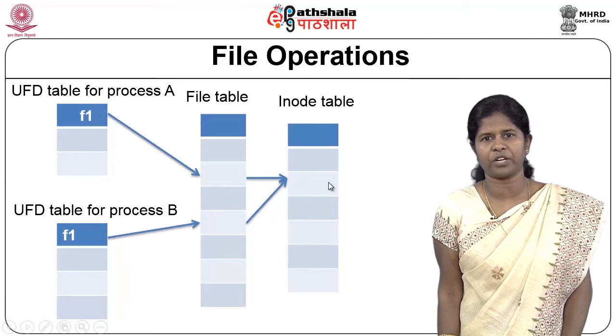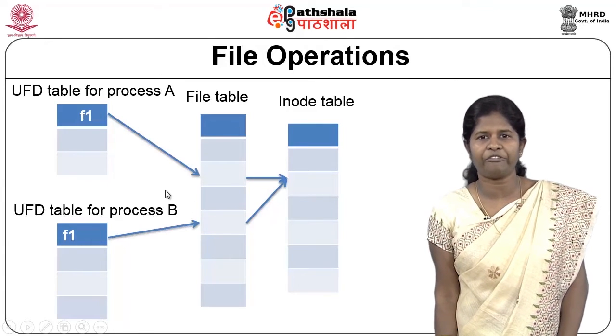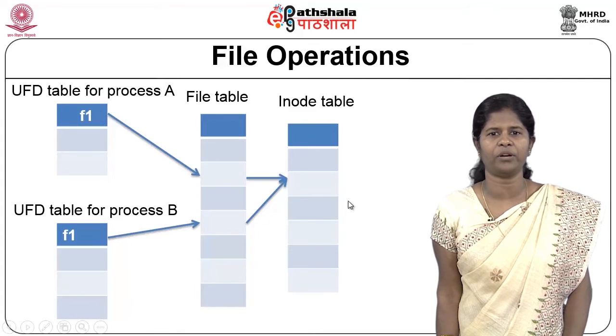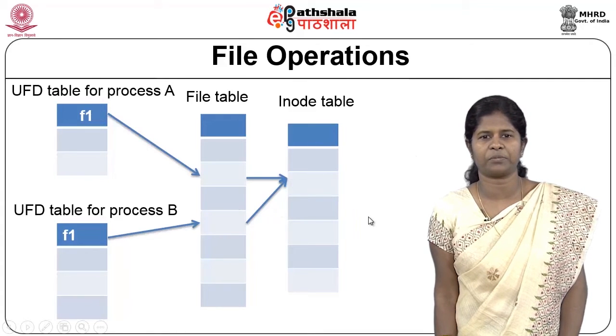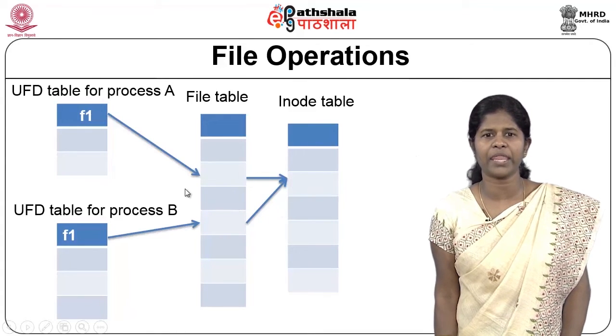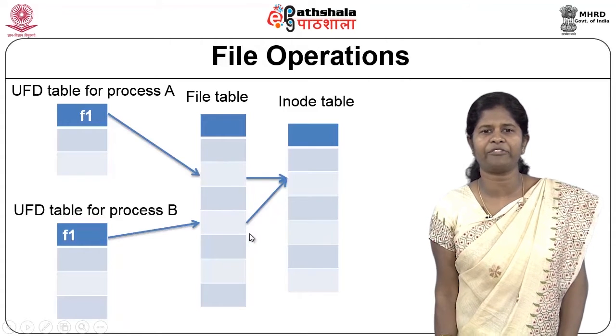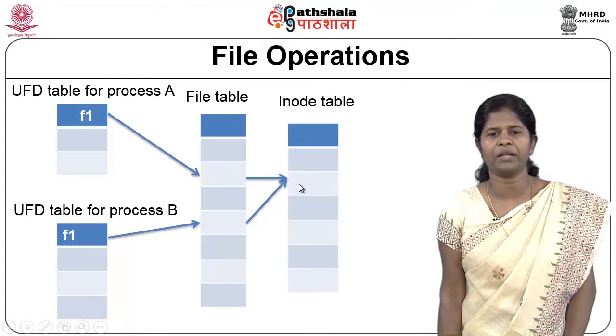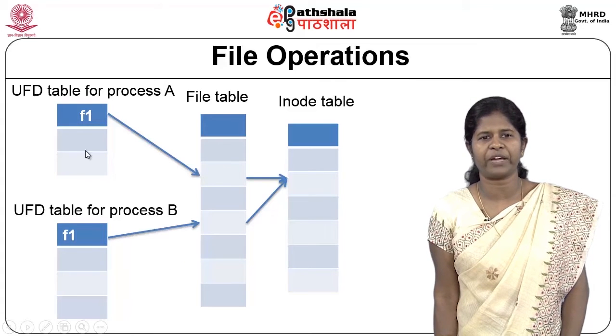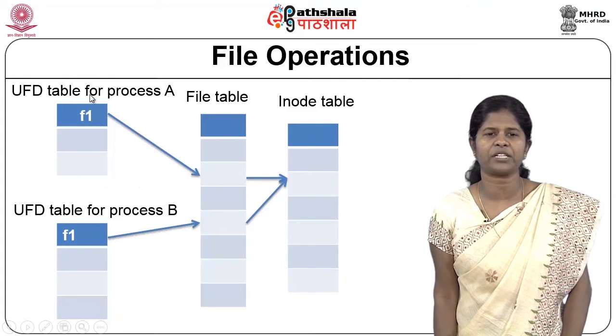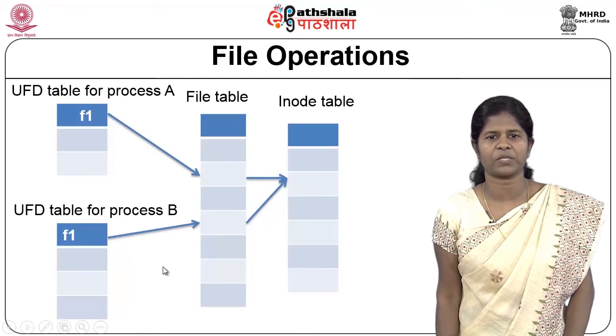It is a single inode, because details about this file F1 are stored in a particular inode. But you can see here that the file table has got different entries. The inode table entry is the same for both, and the user file descriptor table entries are also different for each of the processes.